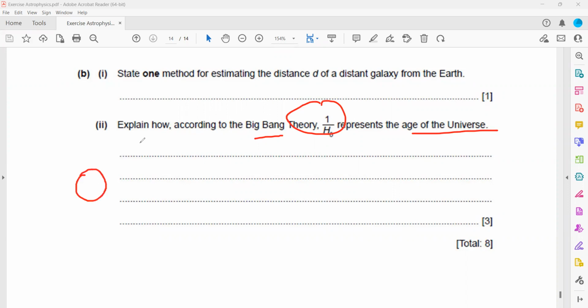For example, Earth and galaxy A, or Earth and galaxy B, all these things were one point.